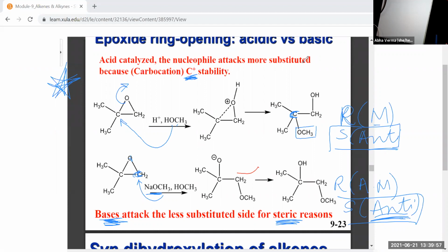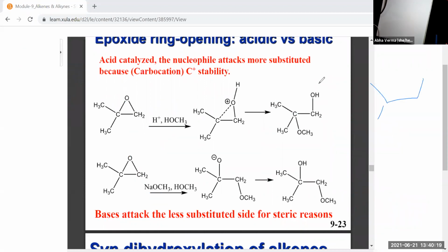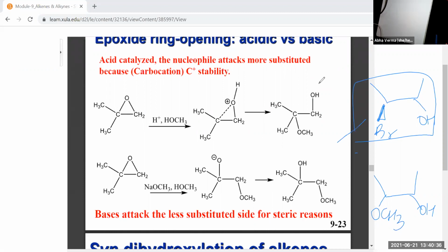So knowing these two things is an important factor for you to be able to make diols and any functionalizations across a double bond. If you see down the line, whenever you have a functional group on two adjacent carbons, either in the form of this or in the form of this, you should always think that your starting material came from an alkene.